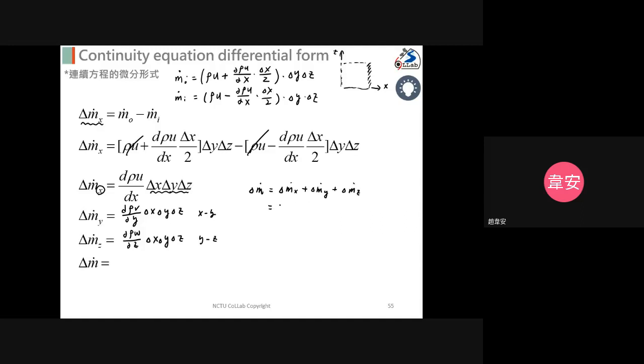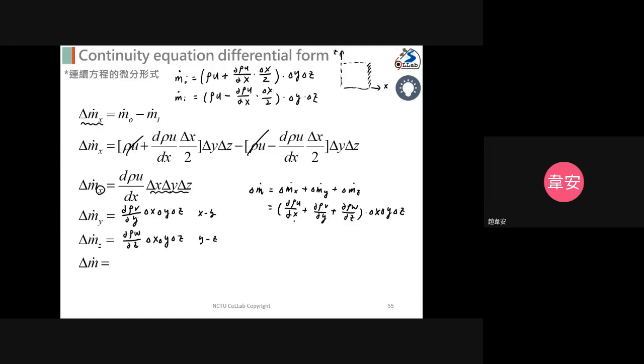So this is equal to the rho u dx plus the rho v dy plus the rho w dz and multiply the delta x, delta y, and delta z.